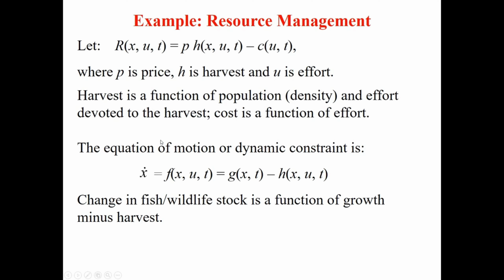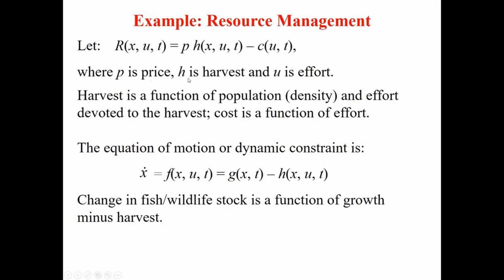So let's look at a resource management example similar to something that you'll find in the textbook. Here we have that revenue, net revenue if you like, is a function of the state variable and the control that is imposed, the decision that is made, and it's equal to price times harvest, and it's harvest that's really the decision variable here, minus the cost, although here we also have that cost as a function of the decision that's being made.